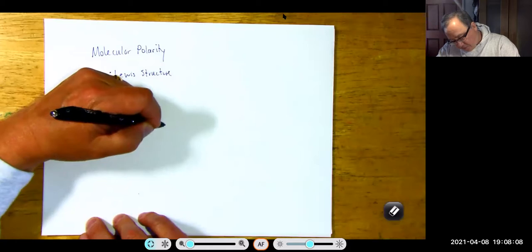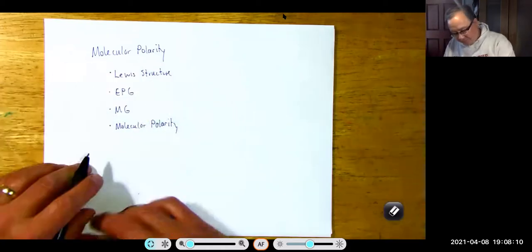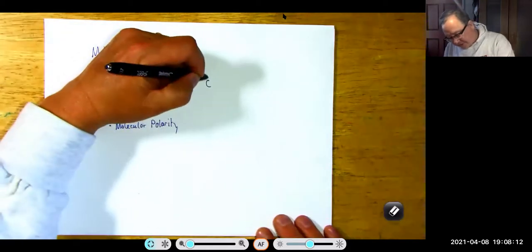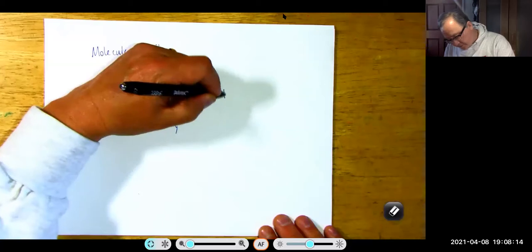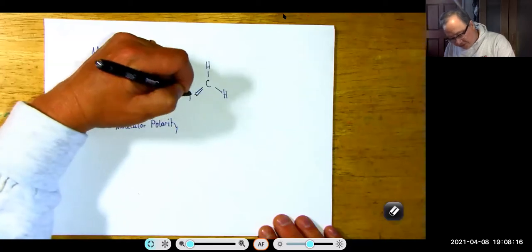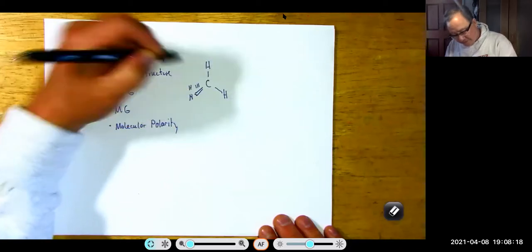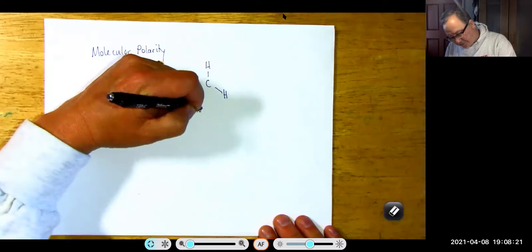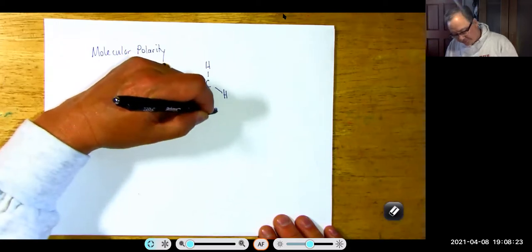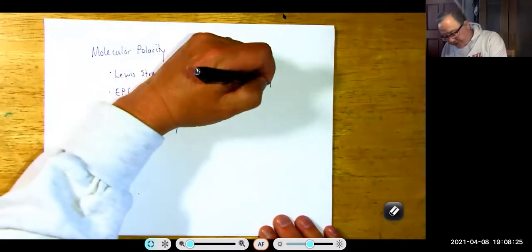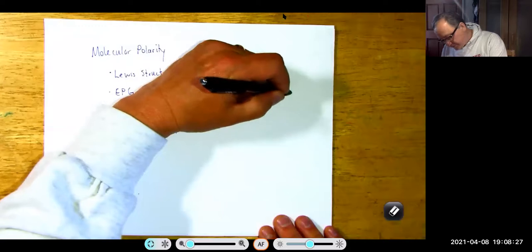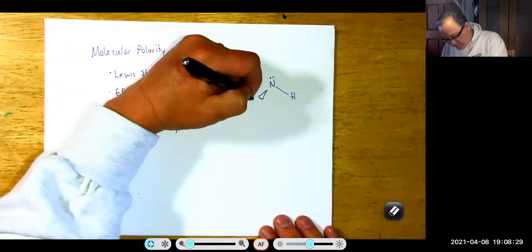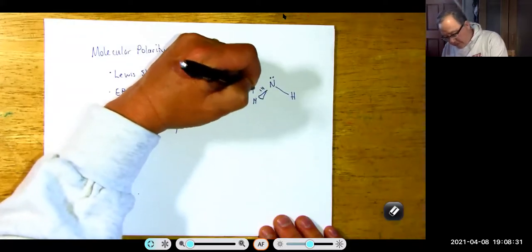And this is how important molecular polarity is when you look at something like this. So here, this is the molecular geometry, right? This is nonpolar. When you look at this, this is polar.